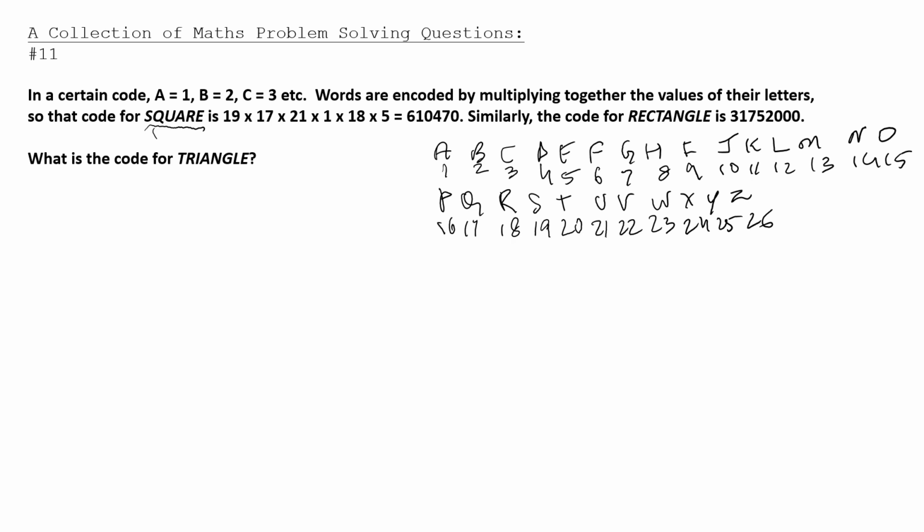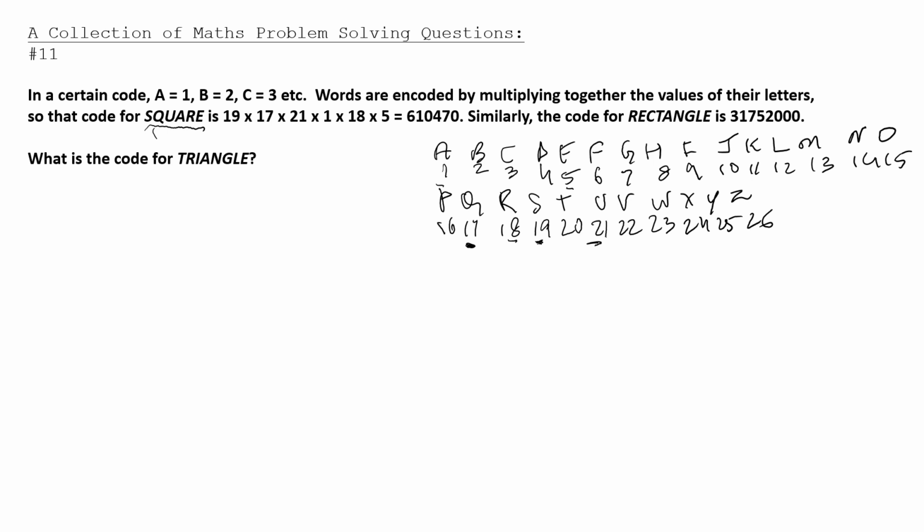So S is 19 and Q is 17, so it's actually the 17th alphabet. Then U is 21, A is 1, R is 18, and E is 5. So you multiply all these numbers and you get 610,470.